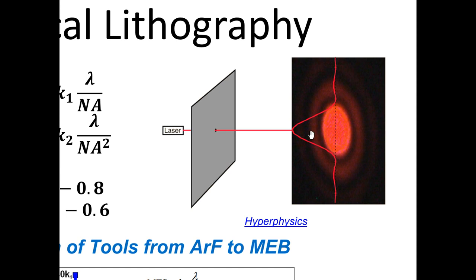You can think about this as the light sort of spreads out once it goes out from the aperture, and this is what increases your spot size. Or you can think about it in terms of diffraction, treating light as a wave. There are constructive and destructive interference patterns that occur, creating this disc-like pattern that you see here. This is from Hyperphysics, by the way. You can tell I really like this website.